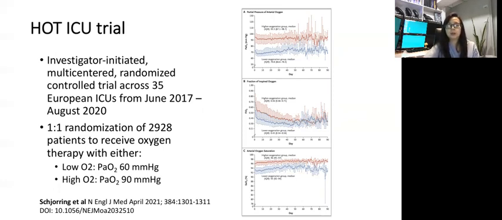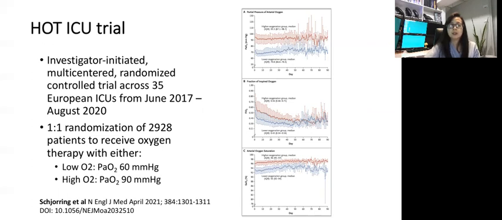It was a 1:1 randomization of almost 3,000 patients to receive oxygen therapy with either a low target, a PaO2 of 60, or a high target, a PaO2 of 90. The trial showed no difference in 90-day mortality in the lower oxygenation target compared to the higher oxygenation target in critically ill patients with acute hypoxemic respiratory failure.